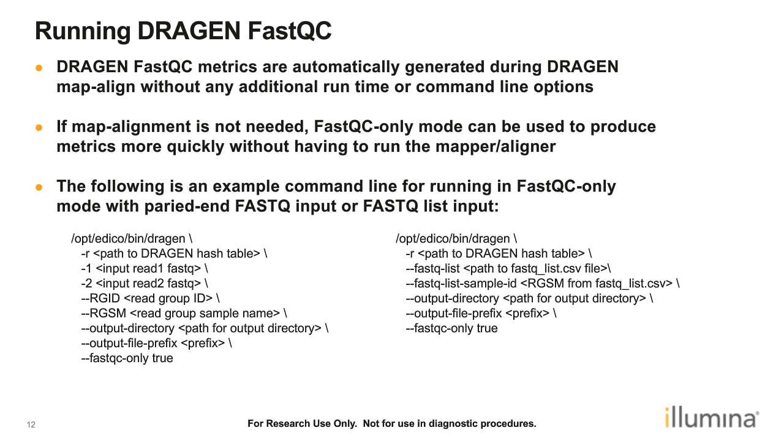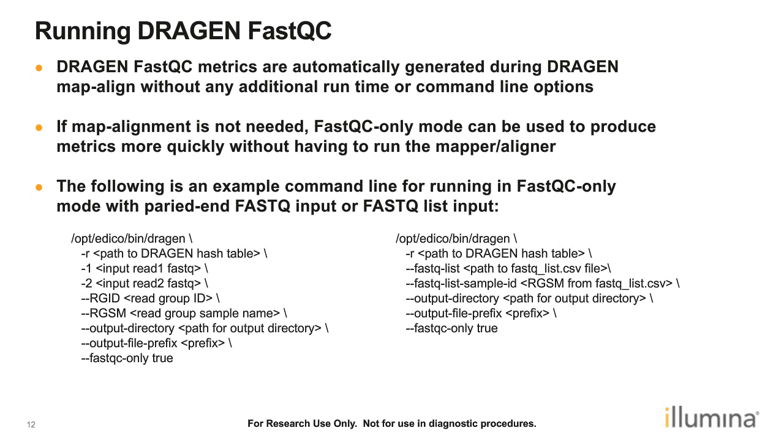But we have the FastQC enabled as part of the mapping option as well. So anytime today in 3.6, if you run mapping, we automatically generate the FastQC metrics for you. So in addition to the mapping metrics that you get, you will also get the FastQC metrics. And these come essentially at no cost in time. So while we are doing the mapping, we are generating these FastQC metrics for you.